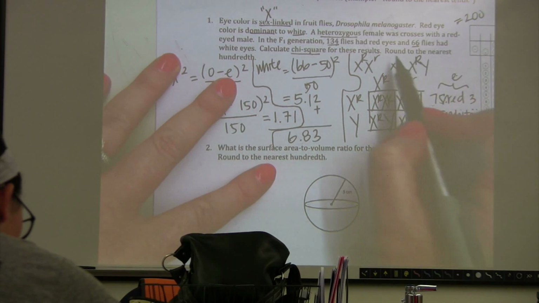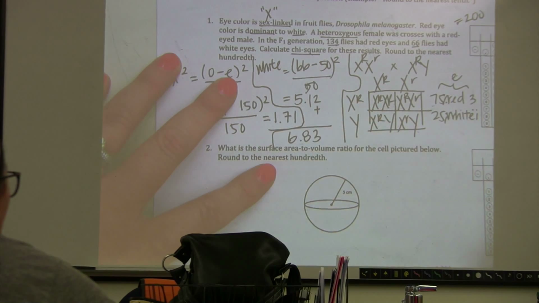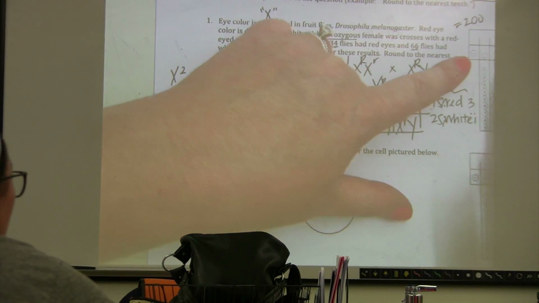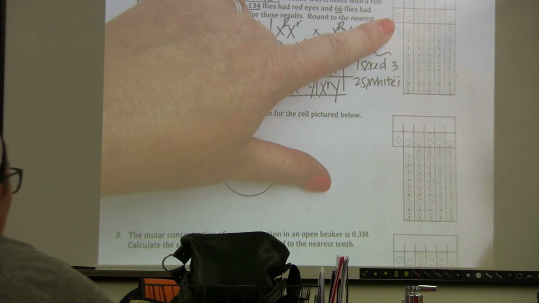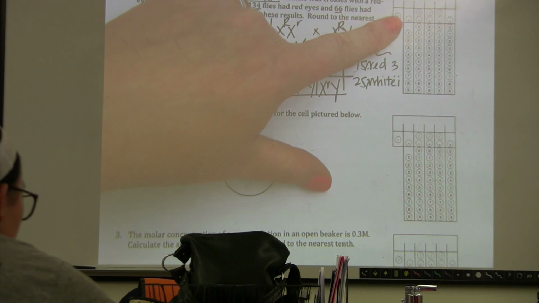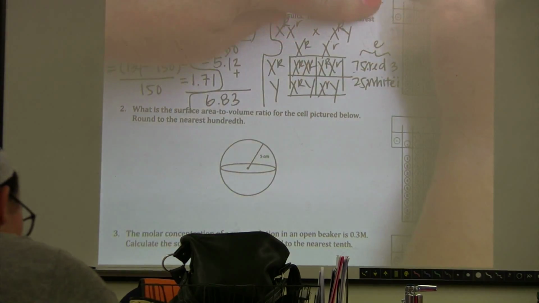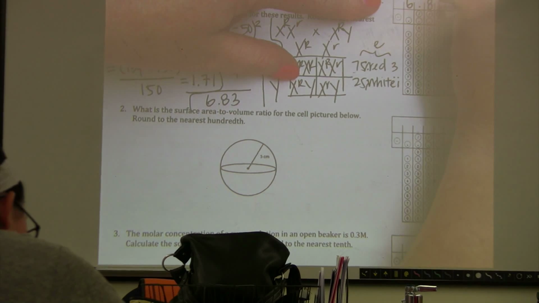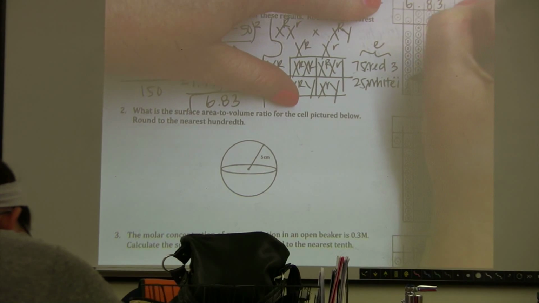Now all it says is round to the nearest hundredth. Did we do that? Yeah. We're done. So can I put a 6 in this first box? No, because there's no 6 to bubble in. I'm going to say 6.83, and then bubble those in.